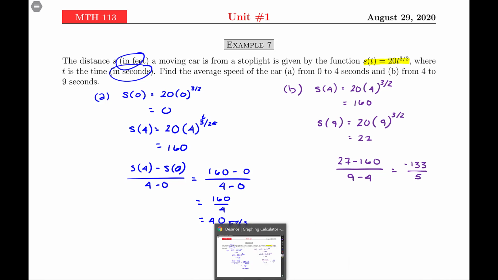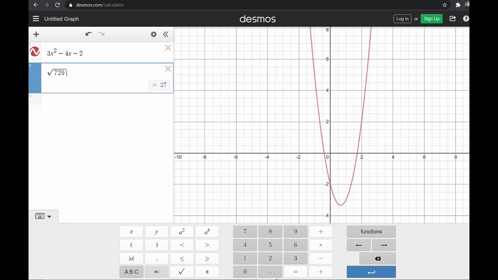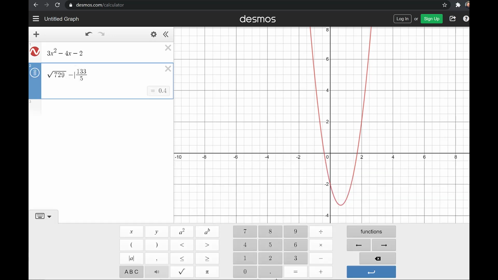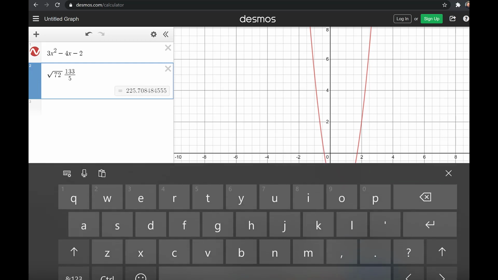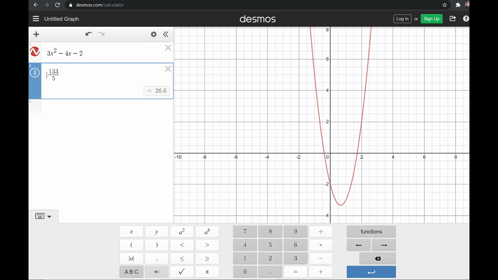And then when we divide those out and get a decimal approximation, we have negative 133 divided by 5, so it's going to be negative 26.6.